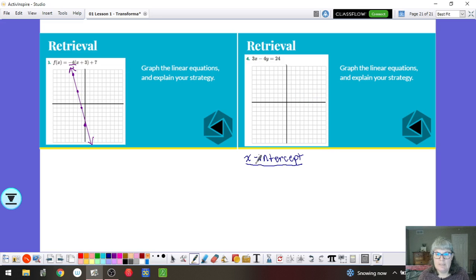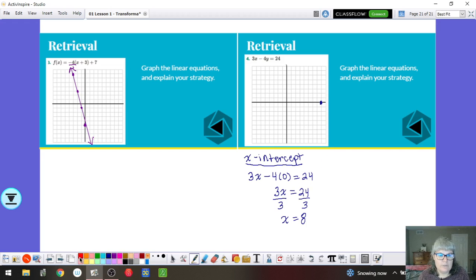So I'm going to take this equation and I'm going to replace the y with 0. Well, 4 times 0 is just 0, so I'm left with 3x equals 24. Divide both sides by 3. And we have x equals 8. So I can plot that point on my x-axis. 1, 2, 3, 4, 5, 6, 7, 8.